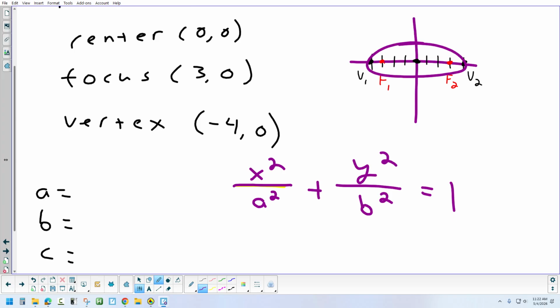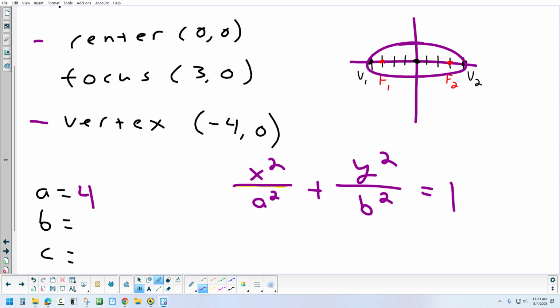With the information they gave me, what do I directly know? A, B, or C? Maybe a couple of things. Yeah? A and C. What's A going to be? A is going to be 4. A is the distance from the vertex to the center. What's the difference between those two points? They are 4 units apart.